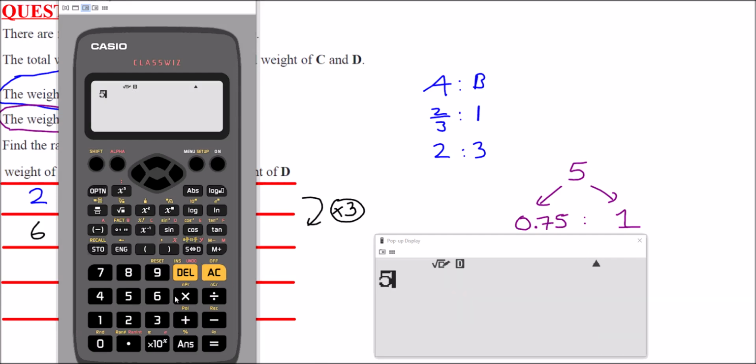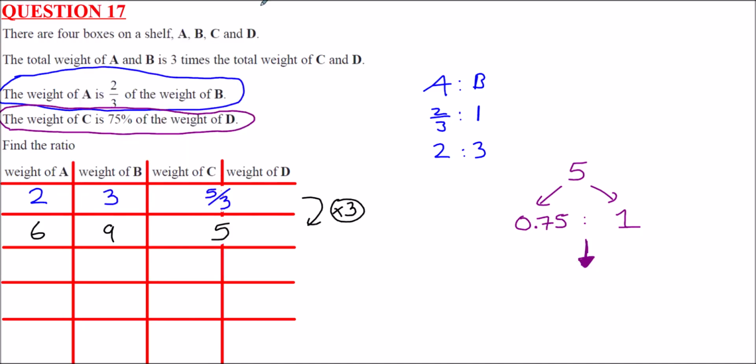5 divided by 1.75 gives 20 over 7. So in other words, this here is going to become 1 lot of 20 over 7, and this here will be 0.75 lots of 20 over 7.